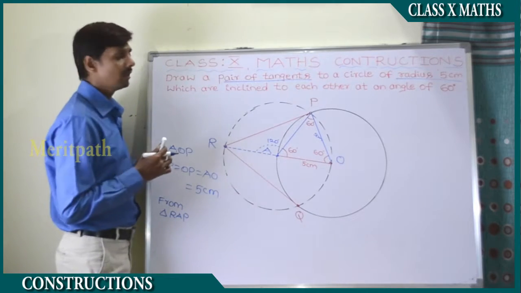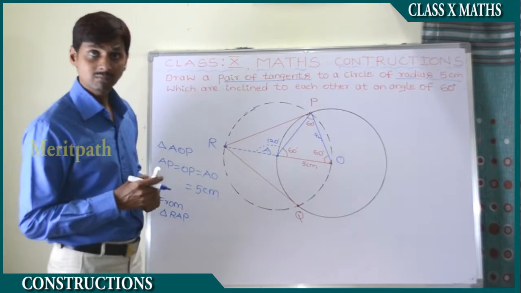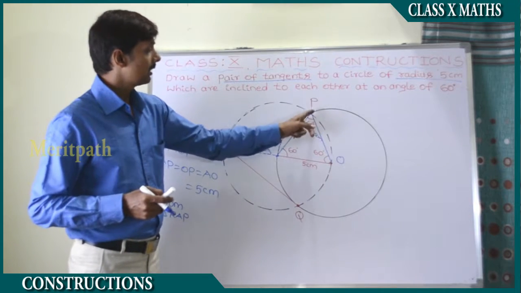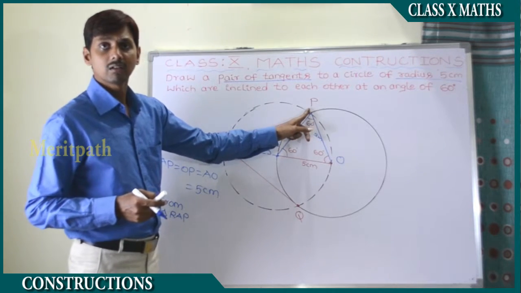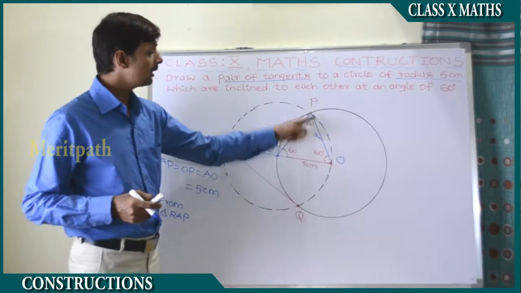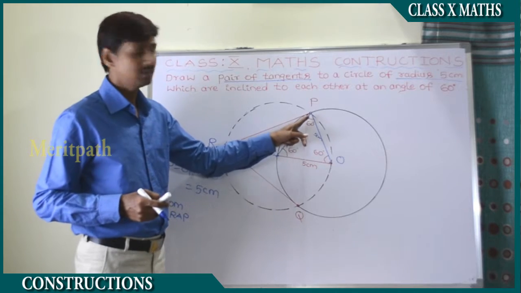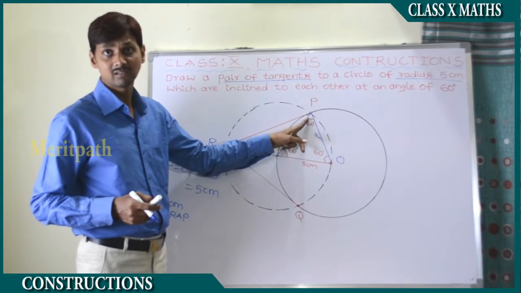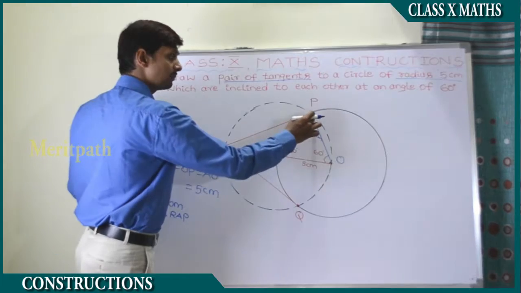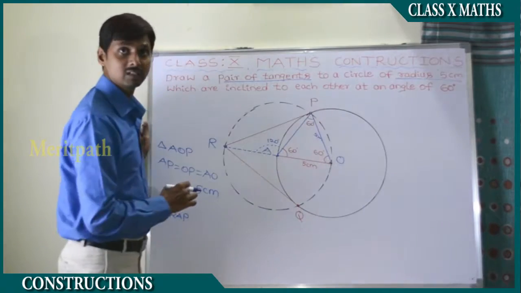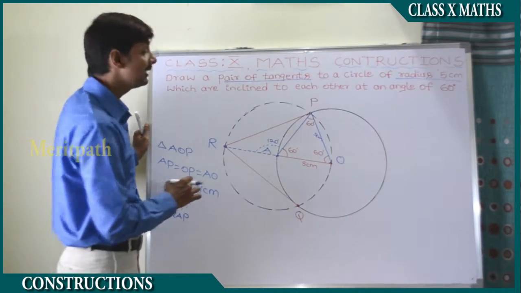And then using the theorem, from the center to the point which we have drawn, the tangent to a circle is perpendicular, and then it makes 90 degrees. Then OP is perpendicular to RP, so it makes an angle of 90 degrees.